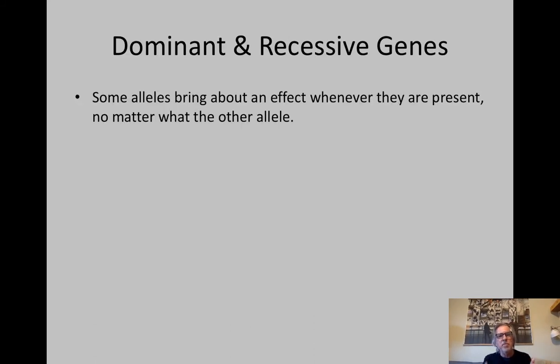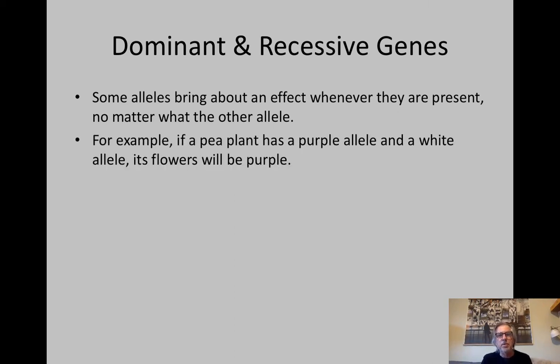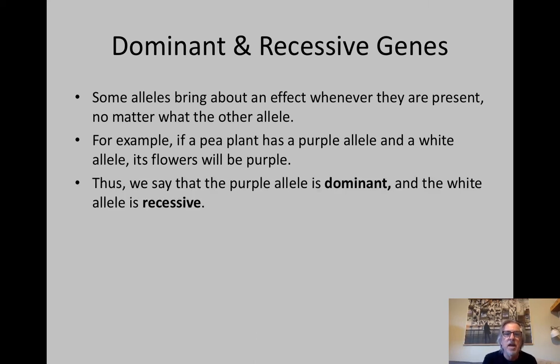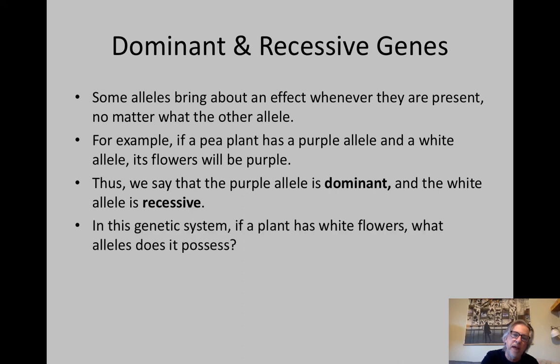You already know that everybody has two alleles for each gene. Now, some alleles bring about an effect whenever they are present, regardless of what the other allele is. For example, if a pea plant has a purple allele and a white allele, it has purple flowers. It doesn't matter that it has that white allele, it still gets purple flowers. Thus we say the purple allele is dominant and the white allele is recessive because the purple allele is expressed.